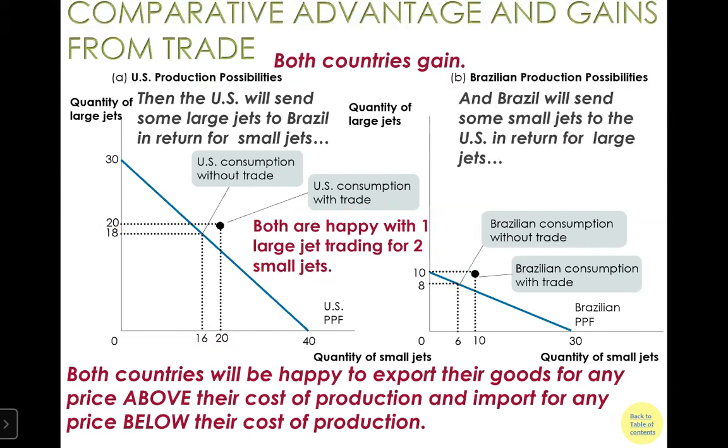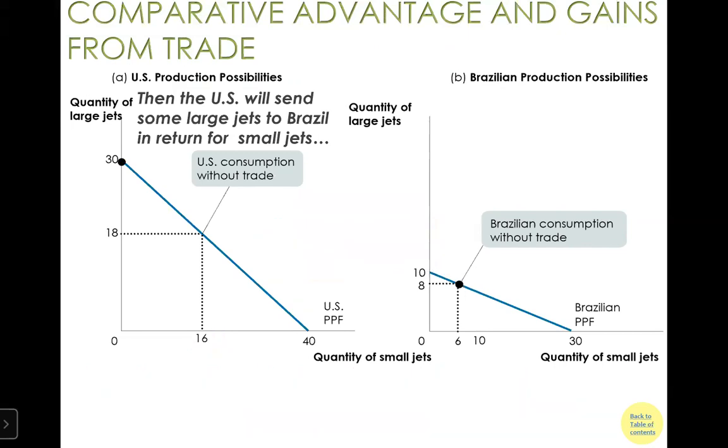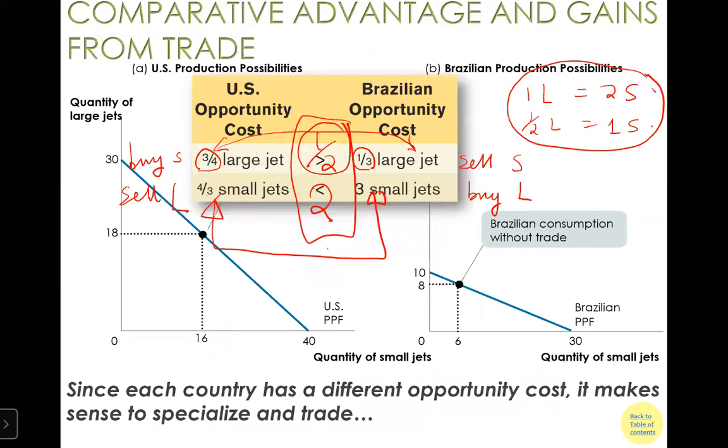Let's go back to the previous slides to understand this a little more clearly. Look here: I emphasized that as long as the price we propose in the middle satisfies the condition, this price is higher than one but smaller than the other, or as long as the price we propose lies in the middle of their own opportunity costs, then they can both benefit from trade with each other.